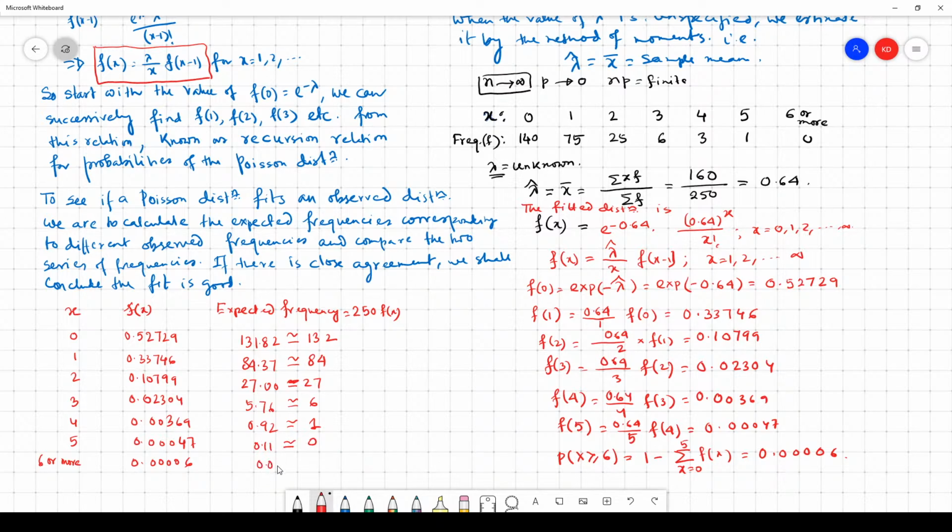Similarly, this one is 0.02, which is again close to 0.